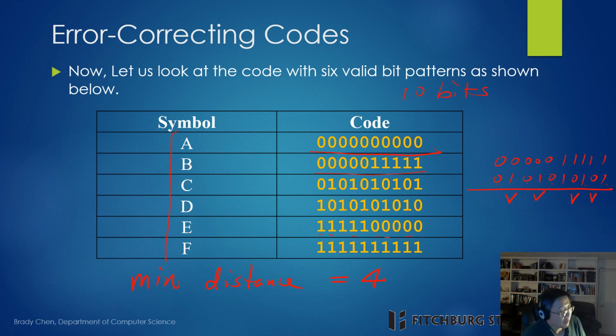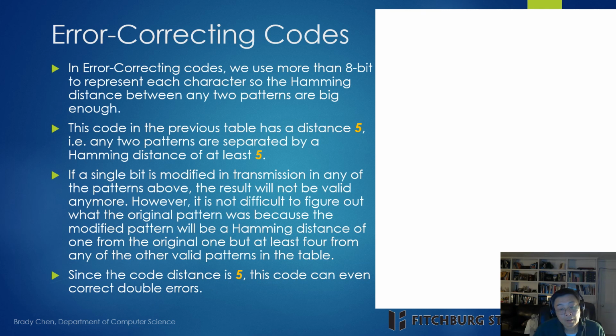Now what does that mean? With the table discussed in the previous slide, we know that if we transmit any of the letters, for example, the letter B, B is defined as 0, 0, 0, 0, 0, 1, 1, 1, 1, 1.